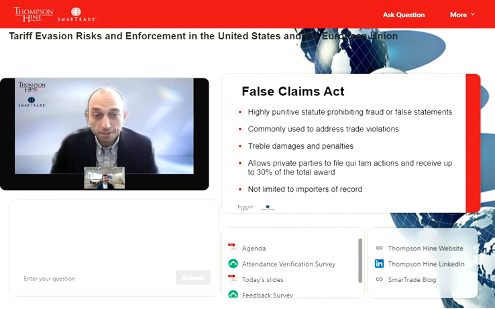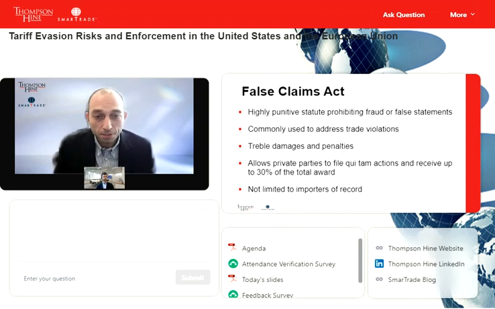And it's also essentially like a whistleblower statute, in that private parties can file qui tam actions on behalf of the government and receive up to 30% of the total award. The FCA activity in recent years has significantly increased, and I will discuss this later today.